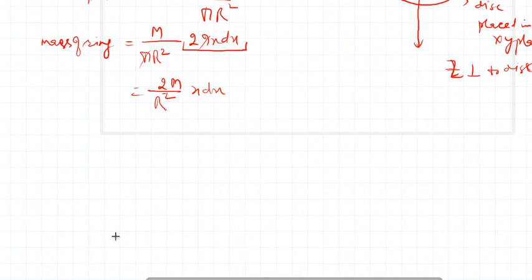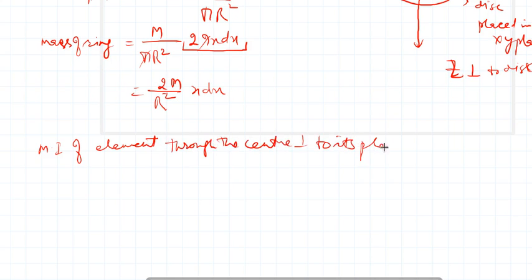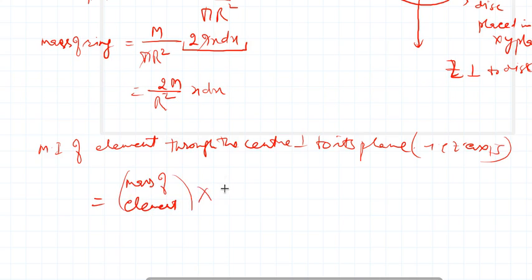Now the moment of inertia of this element through the center perpendicular to its plane, that is the z axis, is represented as the mass of the element multiplied by its perpendicular distance squared, and the perpendicular distance will be x and its width will be dx.